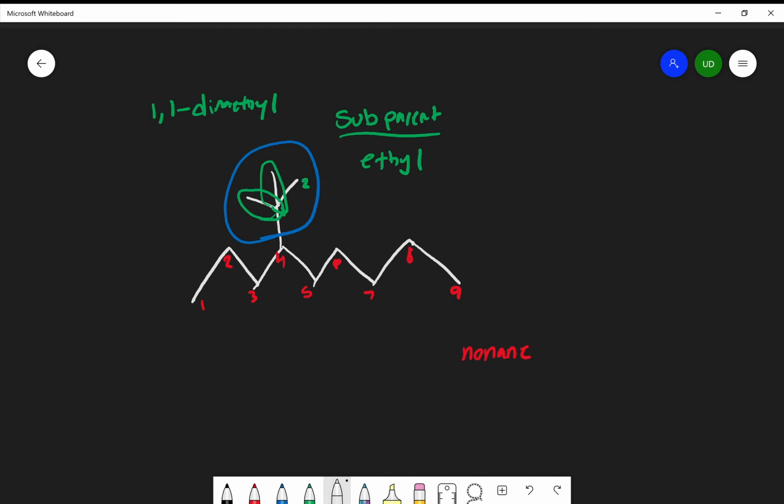So now let's give it its proper name. So on carbon number 4, we have our hyphen, parentheses, 1,1-dimethylethyl, because this is our sub-parent chain. And then you would put nonane. So that is the correct way of writing this. So don't forget to add the commas and the parentheses.